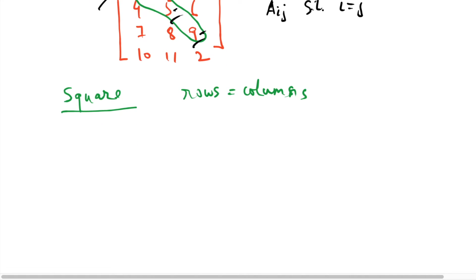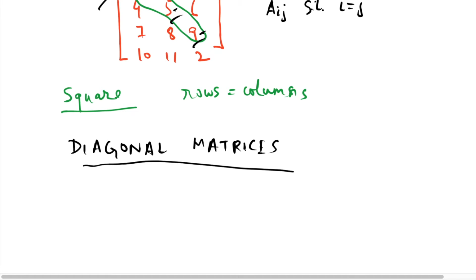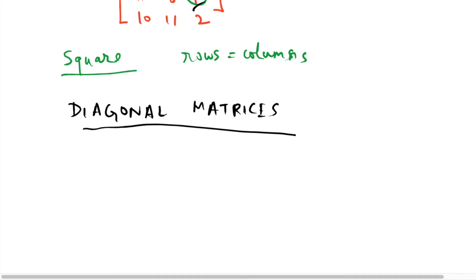Let's talk about diagonal matrices. Let me again write it down. Diagonal matrices. A diagonal matrix is a square matrix whose entries above and below the main diagonal are all 0.